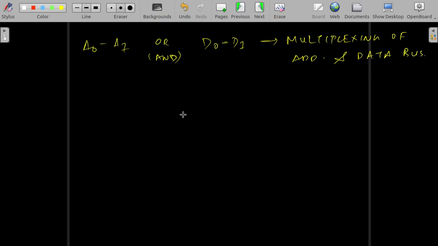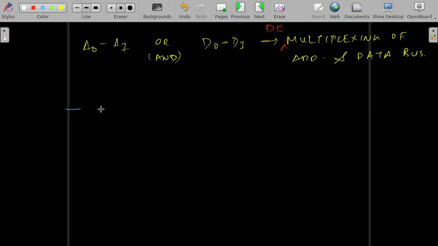To retrieve our required data, we have to demultiplex the address and data AD0 to AD7. How it is done, we'll see in detail in the next couple of slides. Before that, let's show the basic.